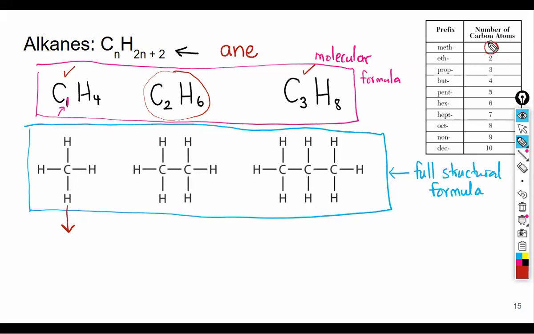When something has one carbon, its name will start with meth. And since it's an alkane, its name will end with "ane." You can't ask for anything easier than that. So its name is methane, and underline the "ane." So you know all alkanes end in "ane."